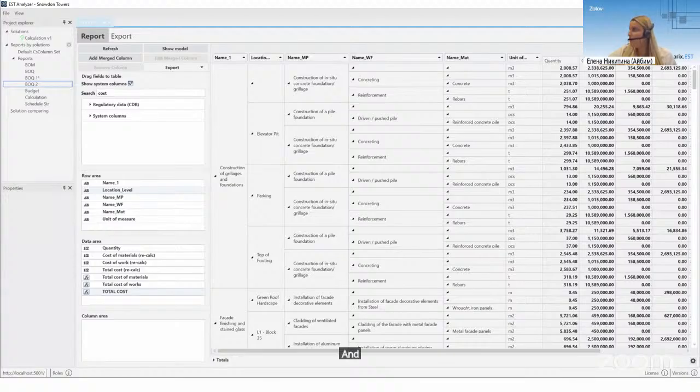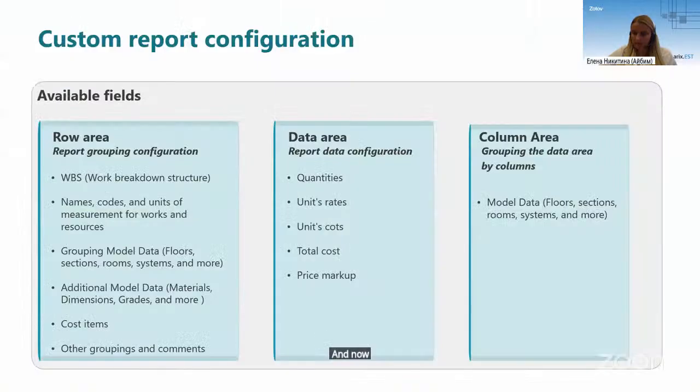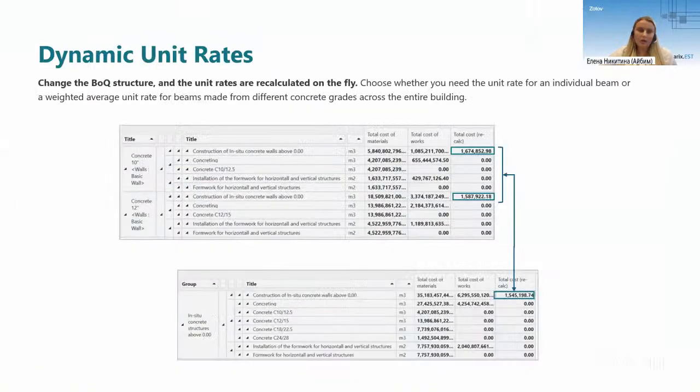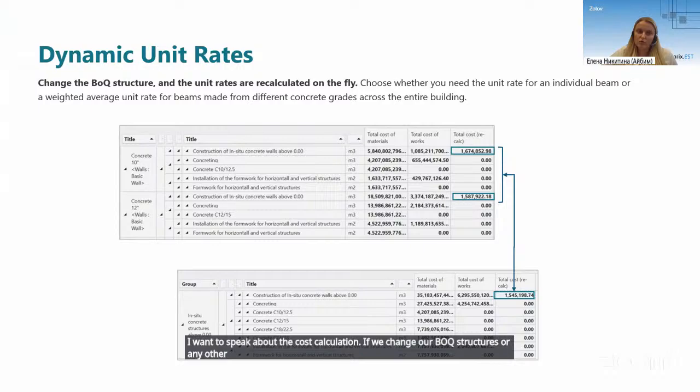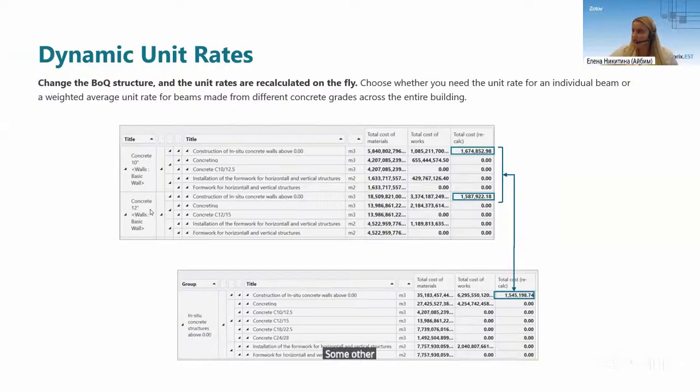And now I want to speak about the cost calculation. If we change our BOQ structures or any other structures, the cost will be recalculated. If we have some other concrete on the next floor, maybe the cost will be different, which we can see here.